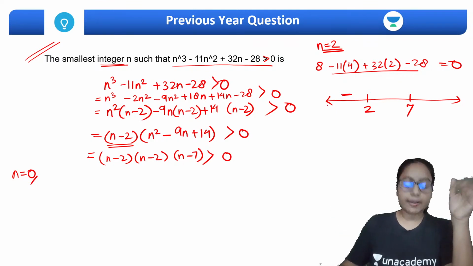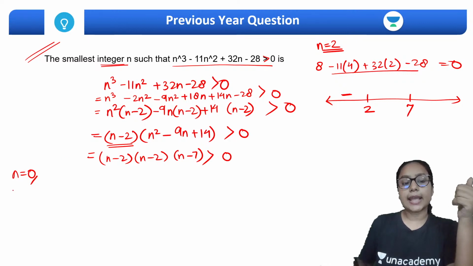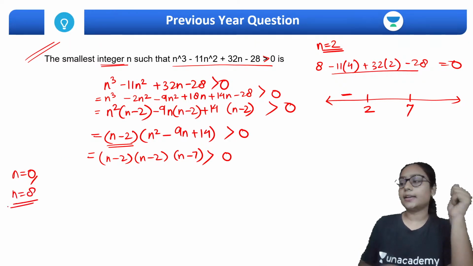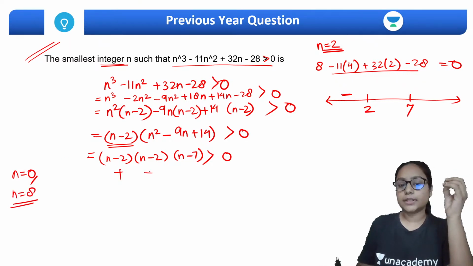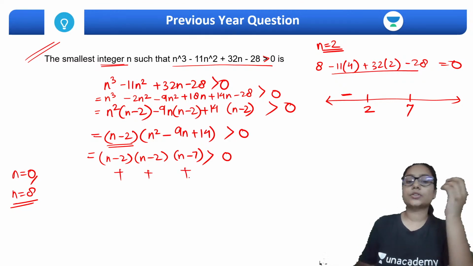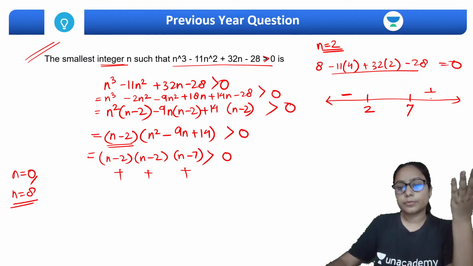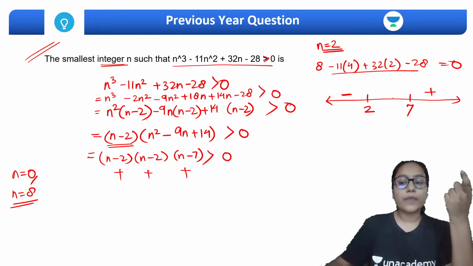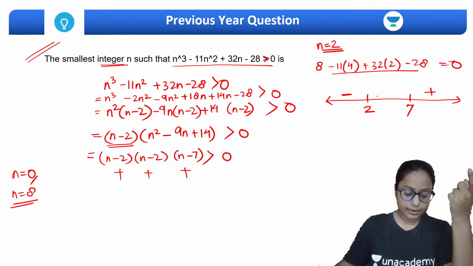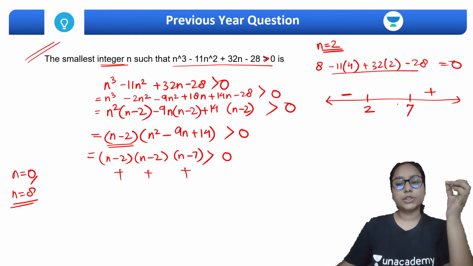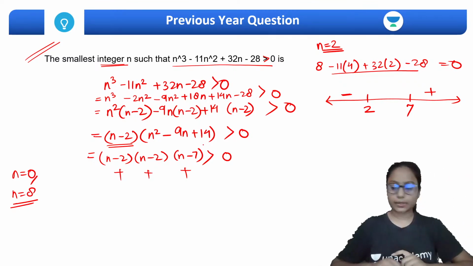Let us take n as 8. What is this? Positive. This is also positive. This is also positive. Okay, so this is positive. Now when n is between 2 and 7, please confirm, what do you get?